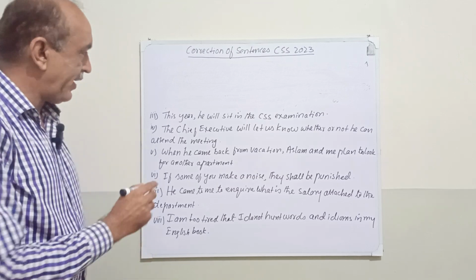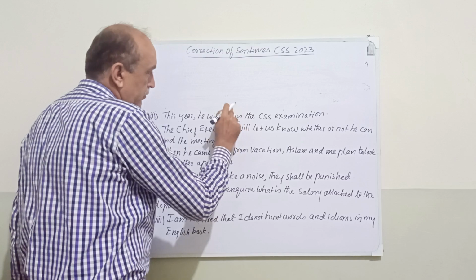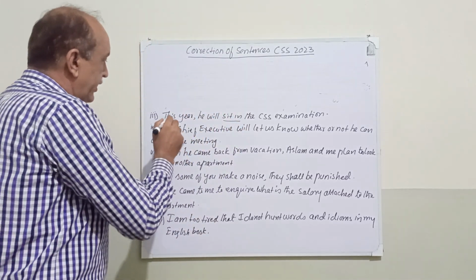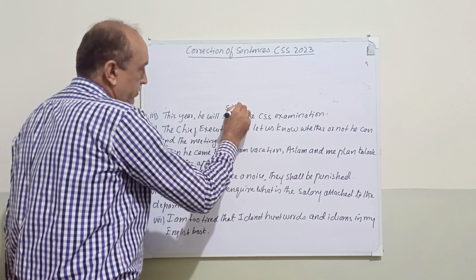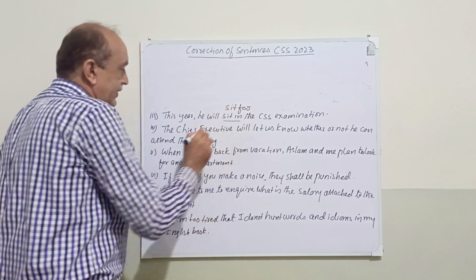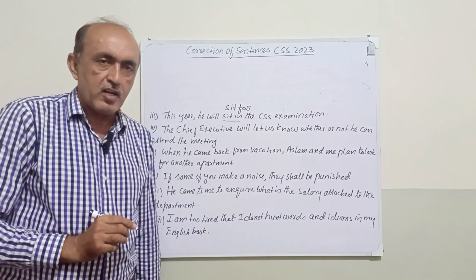Now we come to the third sentence: this year he will sit in the CSS examination. Here you can see "sit in" is wrong. It should be "sit for": this year he will sit for the CSS examination.